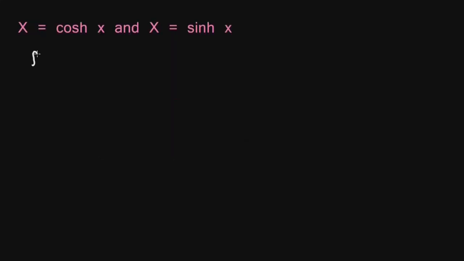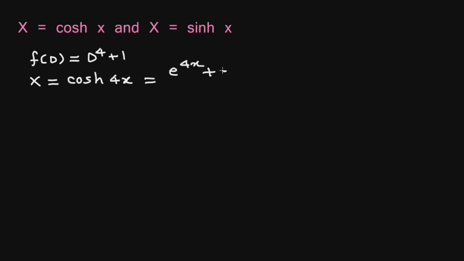We have f(D) equals D raised to 4 plus 1, and the function on the right hand side of the differential equation X is cosh 4x, which is a hyperbolic function. Now we know cosh 4x is (e raised to 4x plus e raised to minus 4x) upon 2.